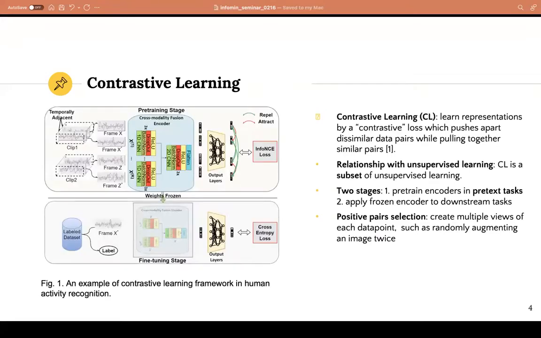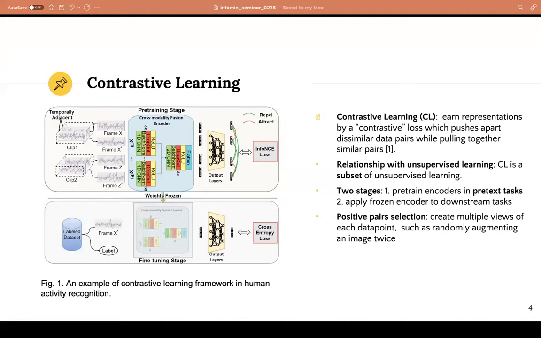On the left-hand side, I show you a typical contrastive learning framework. But here, it's a framework in human activity recognition, so we deal with time series signals. The bottom is the pre-training stage. You can see first we have the original data, like we have two clips.